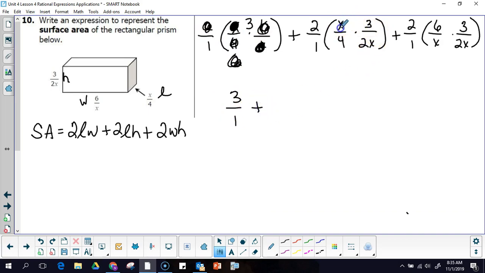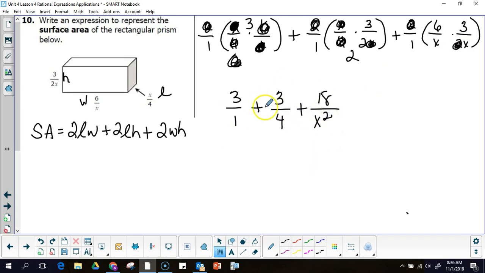Plus, let's do the x's, the 2 and the 4. So this one is 3/4. And then, let's see, 2's. Looks like that's it. Plus 18 over x squared.